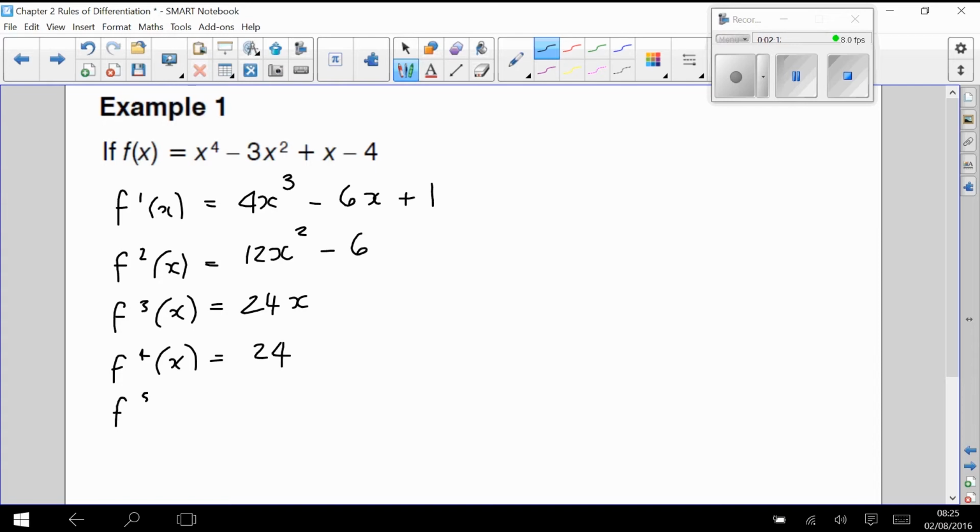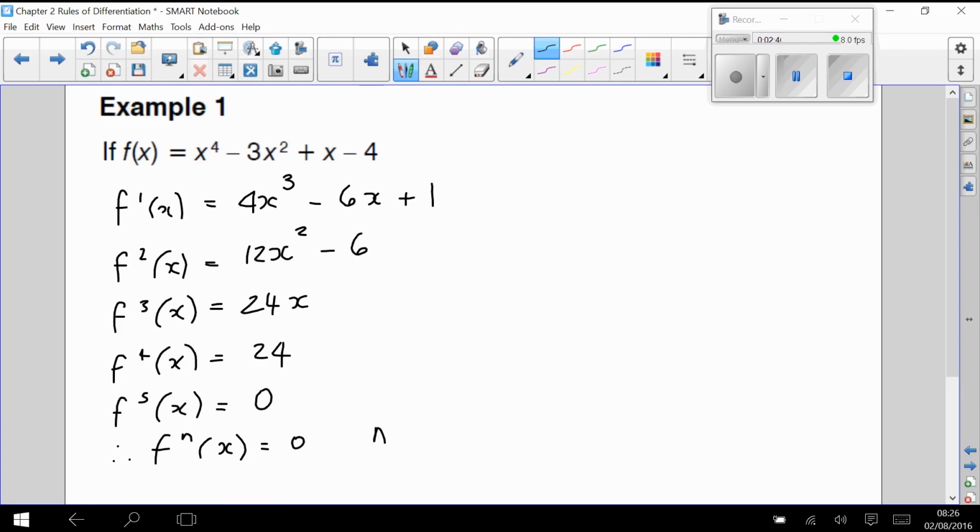And when I get to the fifth derivative, I'm finding the derivative of a constant, and we know that that is always 0. Any derivative after the fifth derivative is still going to be 0. So therefore I must say that the derivatives, all bigger than the derivative when n was 5, is in fact going to be equal to 0.